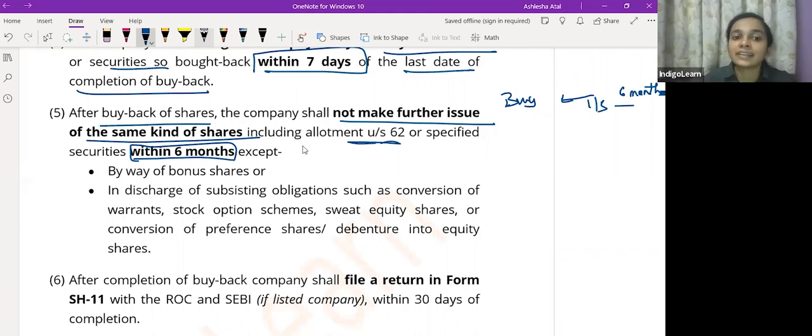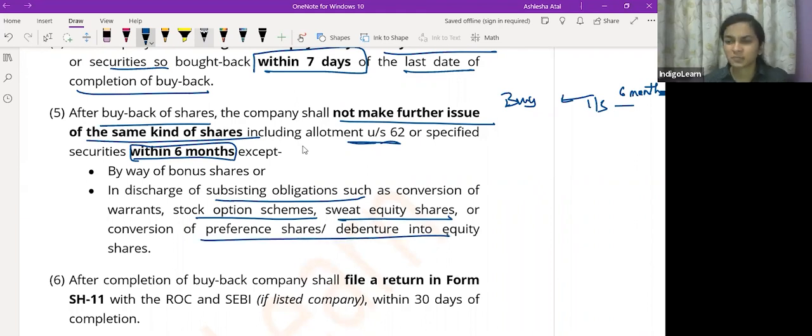Or it can be by way of discharge of subsisting obligations such as conversion of warrants, stock option schemes, sweat equity shares, or conversion of preference shares or debentures. कहीं कुछ conversion हो रहा है, that is a different case. Or if I'm issuing bonus shares, that is a different case.